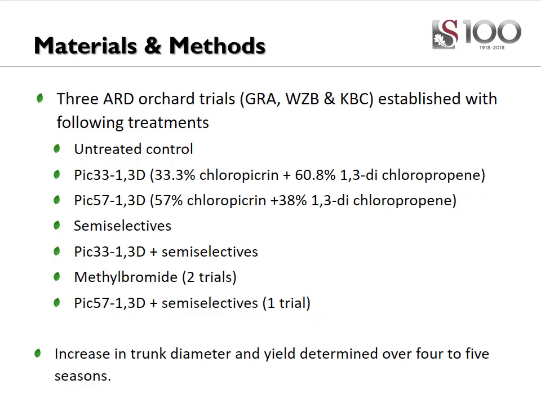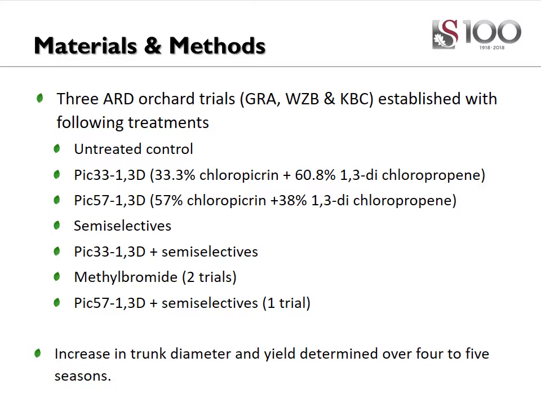Three orchard trials were established, two in the Koue Bokkeveld, namely WZB and KBC, and one in the Grabouw region, GRA. The treatments included two different formulations of chloropicrin, one that contained 33% chloropicrin, whereas the other one had a higher concentration of 57%.